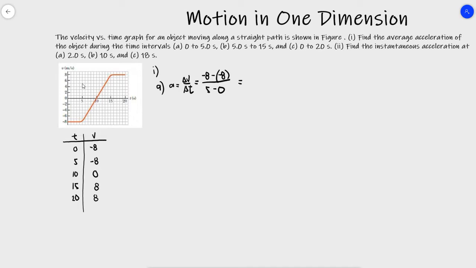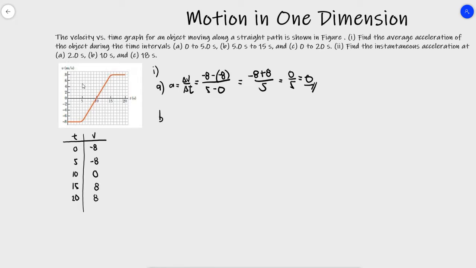We have negative 8 plus 8 over 5. Negative 8 plus 8 is equal to 0 over 5. Our answer is 0.